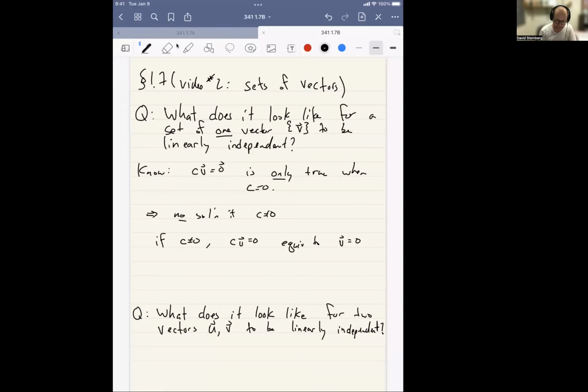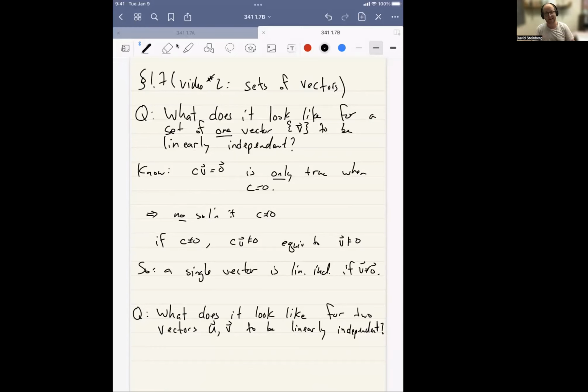So in other words, if there's no solution, it just means that v is not the zero vector. And so a single vector is linearly independent as long as it's not the zero vector. Okay, so the only vector by itself that's linearly dependent is the zero vector, is the other way of phrasing that. Okay, so one vector is maybe not so interesting.